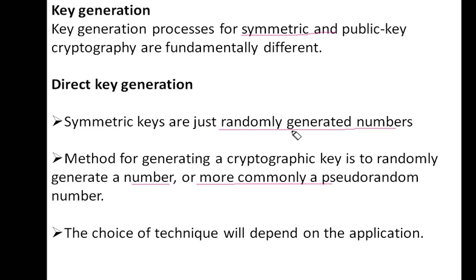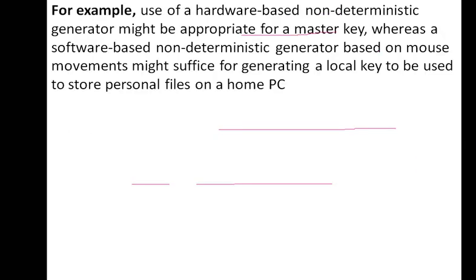Based on that, key generation will depend. For example, use of a hardware-based non-deterministic generator might be appropriate for a master key, whereas a software-based non-deterministic generator based on mouse movements might suffice for generating a local key to be used to store personal files on a home PC.